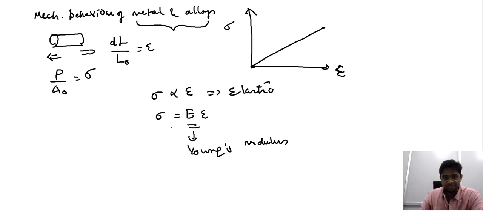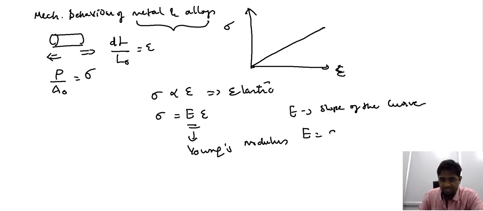So from our understanding, we can state that this Young's modulus is the slope of the curve, which is nothing but the derivative of the function, which in this case is the stress. And in addition to it, this Young's modulus is also the ratio of the stress versus strain.